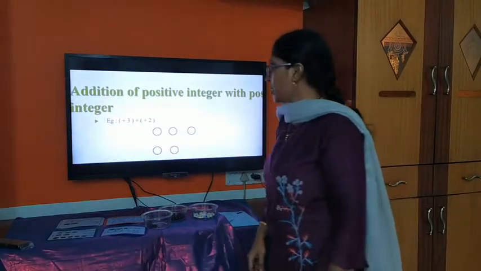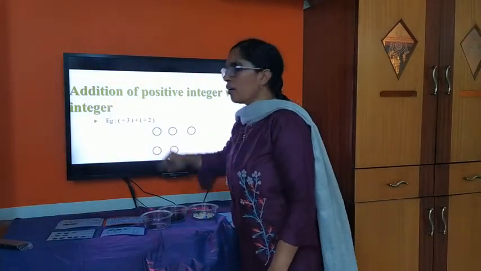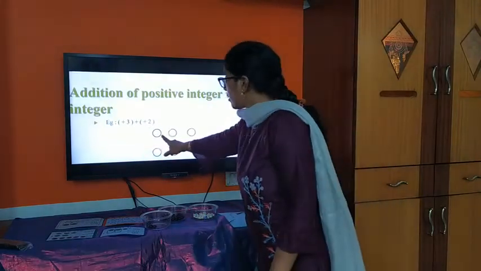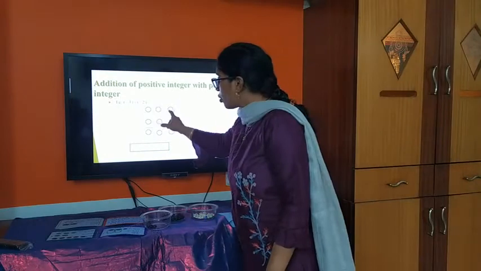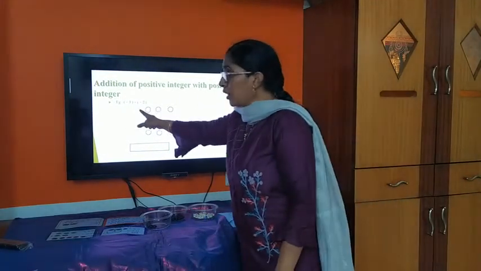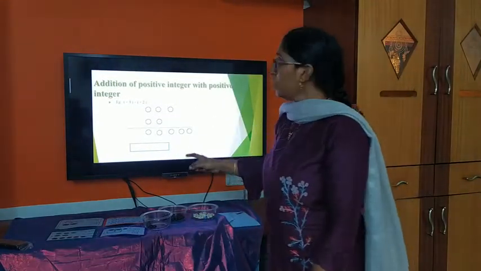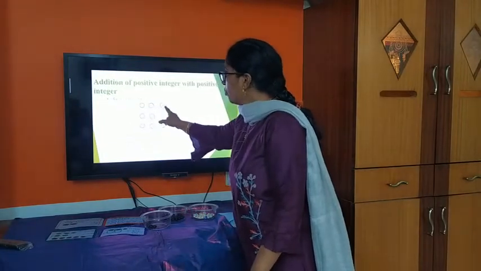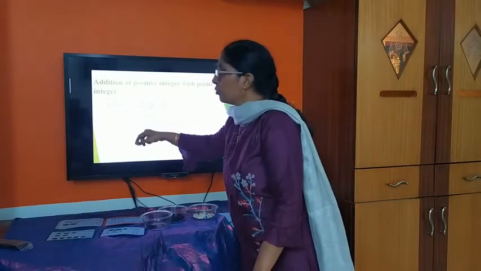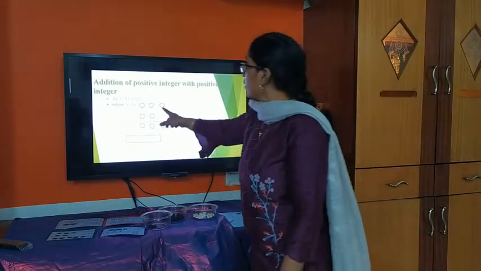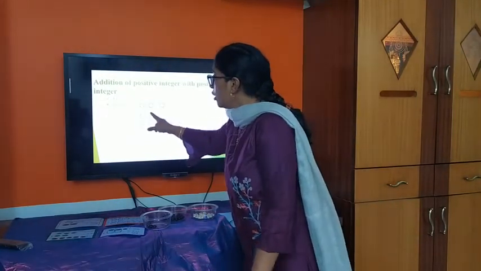Plus 3 plus 2. That's nothing but here plus 3. Plus means unshaded circle, I said. How many? 3. So 1, 2, 3. Next, plus 2. So plus is nothing but unshaded, how many? 2.